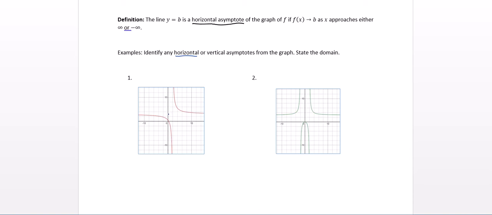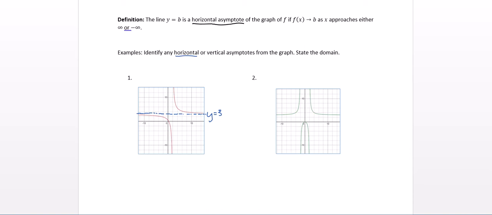We're looking for a spot where the graph gets super close as we go to infinity, and the same value as x goes to negative infinity, where we settle in on a value. Now we have to look at our scale. If this is 10, with 2, 4, 6, 8, 10, so a scale of 2, then this must be the line y equals 3. So we say y equals 3 is a horizontal asymptote because eventually that's what the graph settles in on.